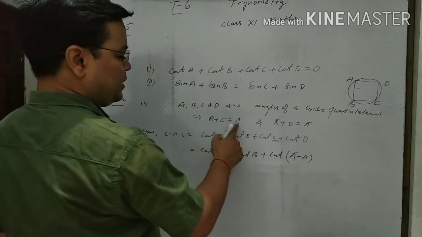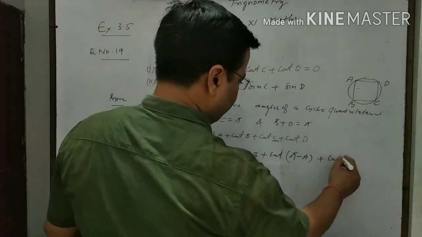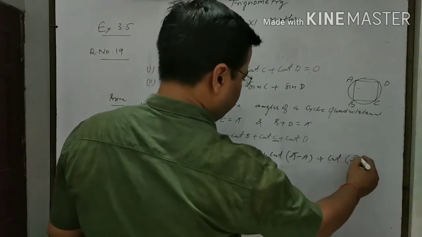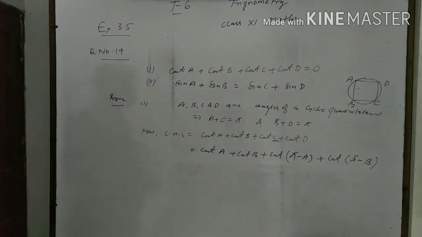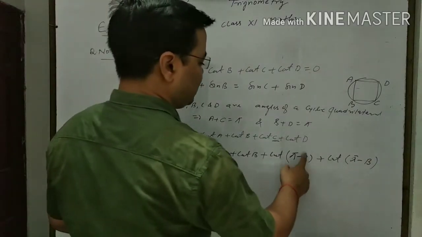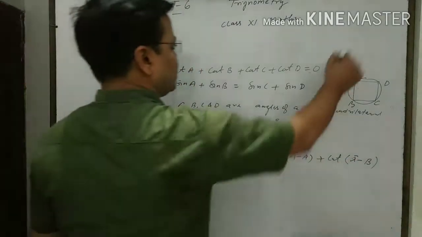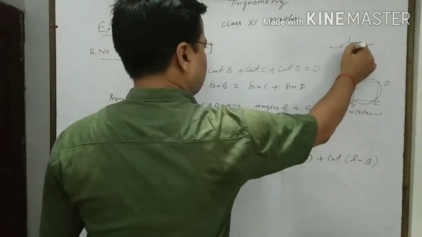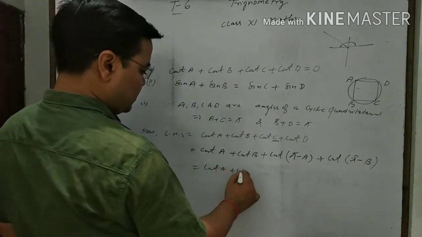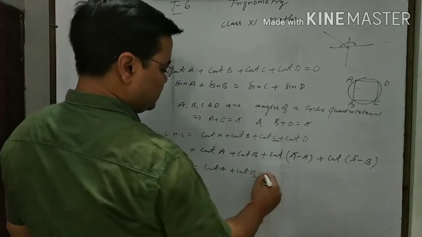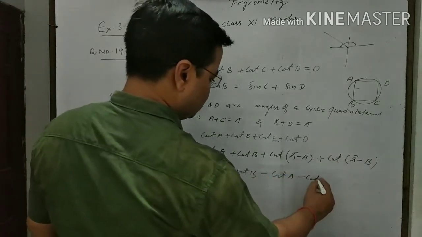A plus C is equal to pi, then C is equal to pi minus A. And similarly, at the place of D we can write pi minus B. And we know that pi minus A is in the second quadrant, and in the second quadrant it will be negative. So cot A plus cot B, and cot(pi minus A) is minus cot A, and cot(pi minus B) is minus cot B.